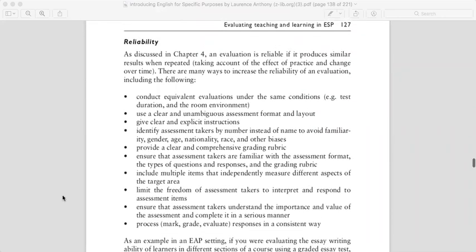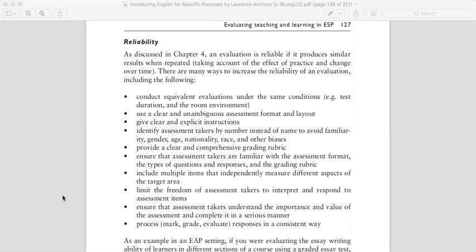Okay, now what is reliability? Reliability of any results, okay, it really shows that your results are reliable if in the same circumstances you conduct the same kind of a test, not exactly the same test, the same kind of a test with the same level of students, then you get the same results.